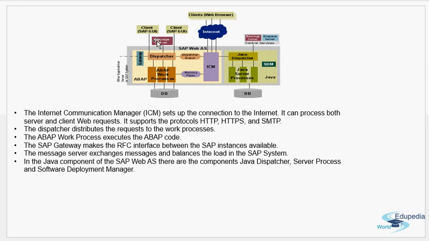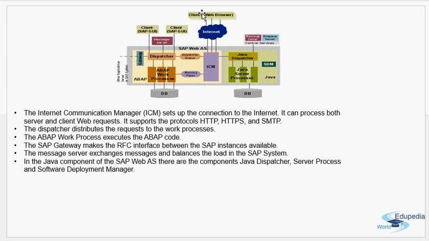Through this message server, the requests from the SAP GUI are passed to any one of the application servers, and it helps in load balancing. The next one is that the message server also helps in communication between the application servers themselves.